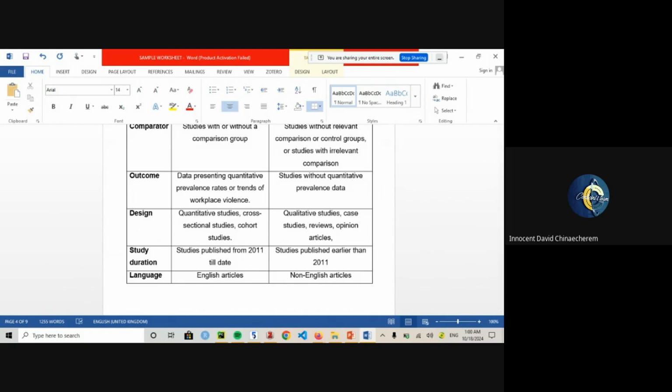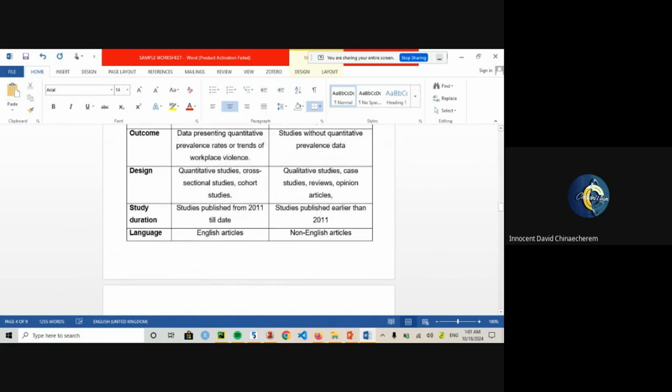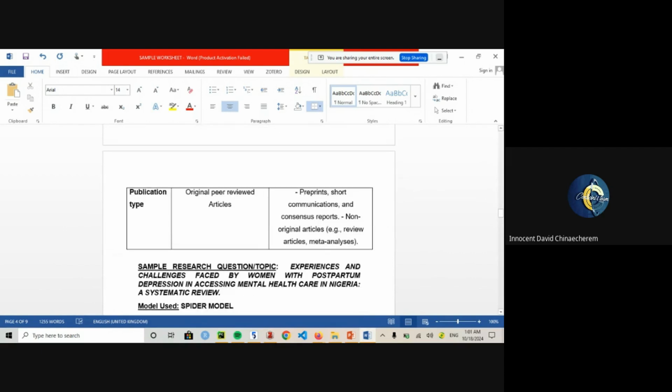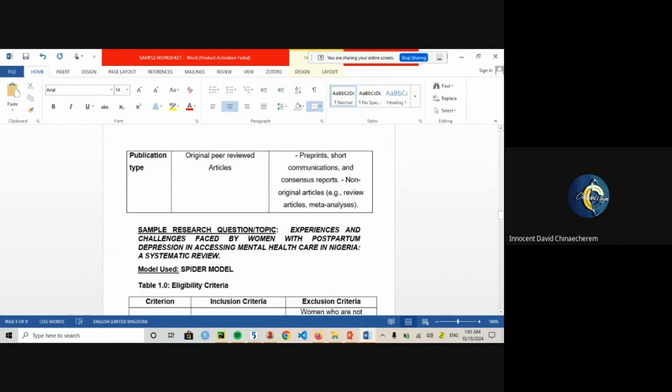The exclusion criteria is clear: qualitative studies, case studies, reviews, opinion articles, all taken out. For our study duration, only studies published from 2011 to date are going to be included. Earlier studies are taken out. Only English articles and original peer-reviewed studies are included; short communications, preprints, and non-original articles will all be excluded.